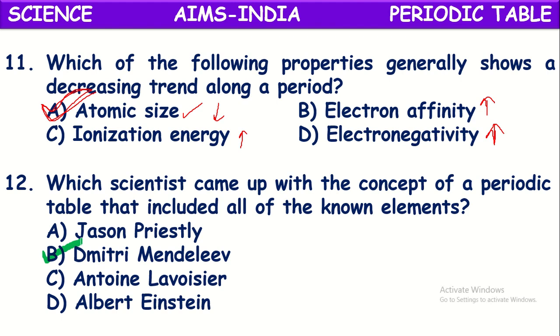Before him, many scientists tried to classify the elements, but they were not able to classify all the available elements at that time as per their principle. But for the first time, Mendeleev did that. He fit all the available elements at the time into his periodic table. So he was Dmitry Mendeleev.